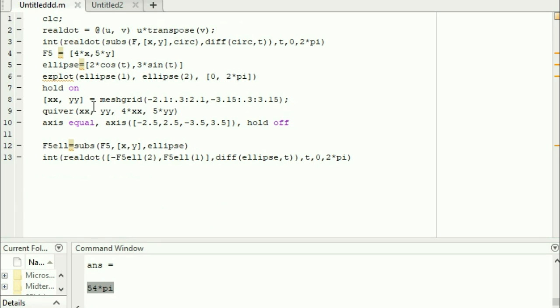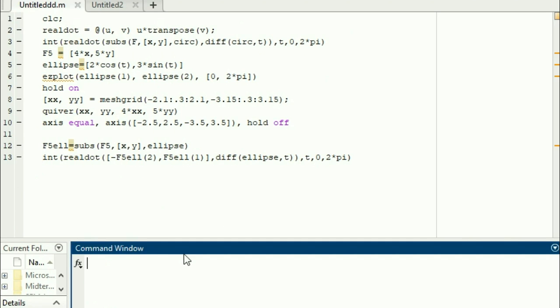So this is MATLAB and the code that I have used. I will click run. As you can see here, the ellipse is 2 cos t, 3 sin t, and the answer is 54 pi.